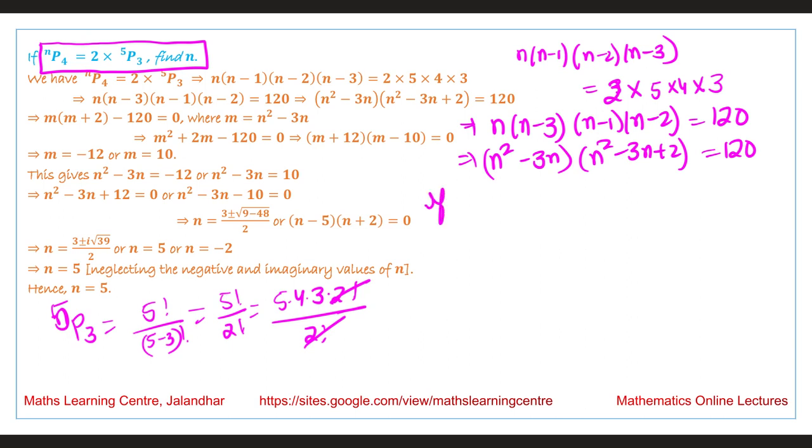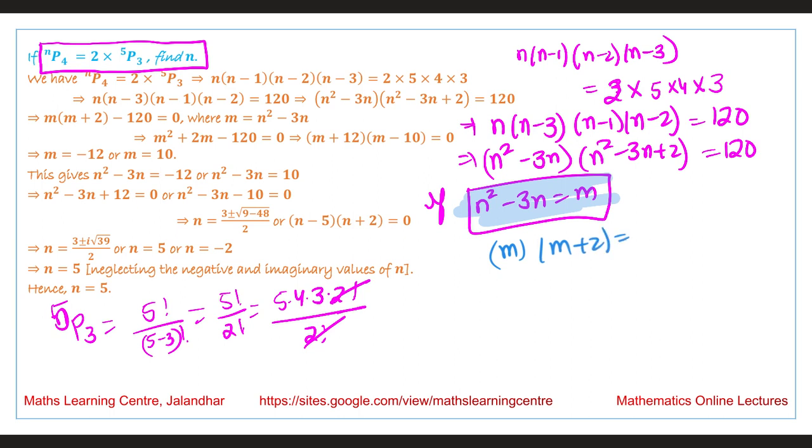Now if we substitute n square minus 3n is equal to m, then this equation will become m into m plus 2 is equal to 120. So this becomes m square plus 2m minus 120 is equal to 0.